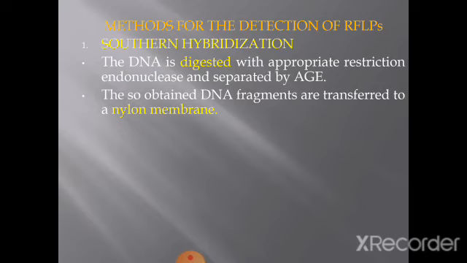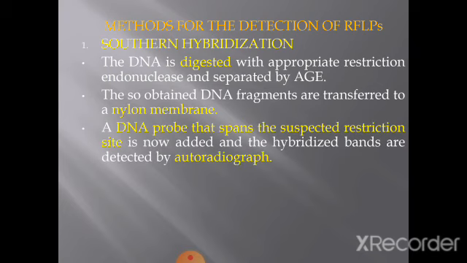Okay, nylon membrane. Then a DNA probe that spans the suspected restriction site is now added, and the hybridized bands are detected by autoradiograph. I'll show you the diagram later in the next slide. So what you will do, you will take the DNA, digest it with appropriate restriction endonuclease, and then subject it to agarose gel electrophoresis.